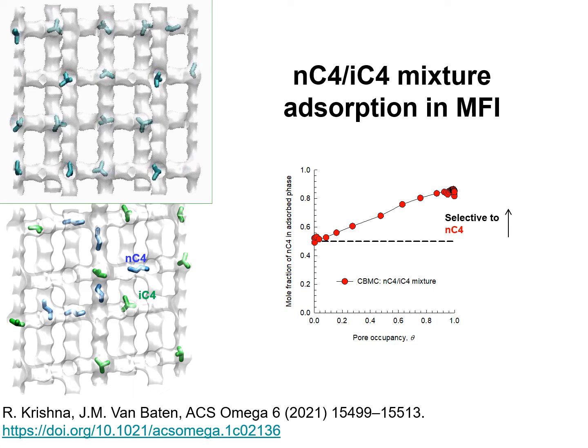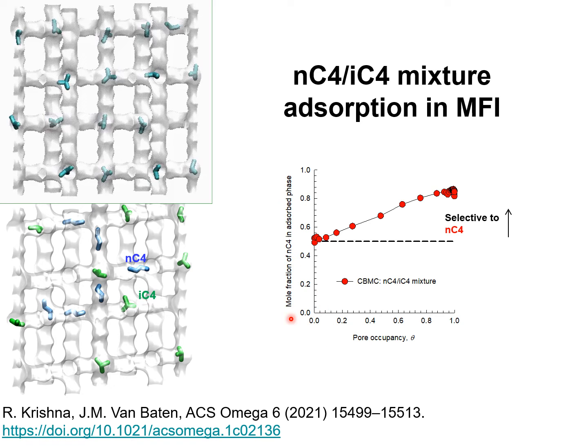The normal butane molecule has no difficulty in aligning itself along the straight channels or along the zigzag channels. These are configurational bias Monte Carlo simulations for adsorption of normal butane isobutane mixtures.